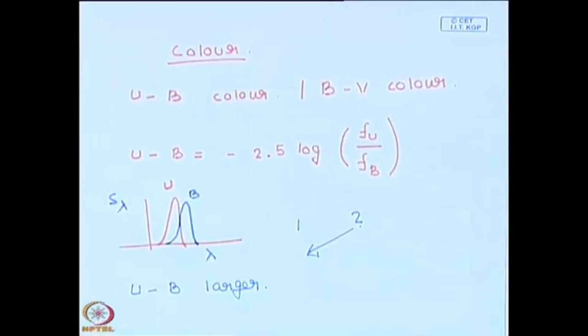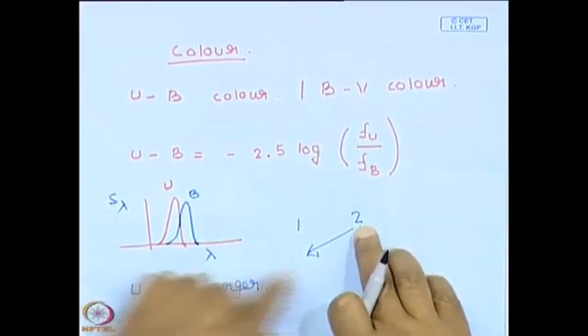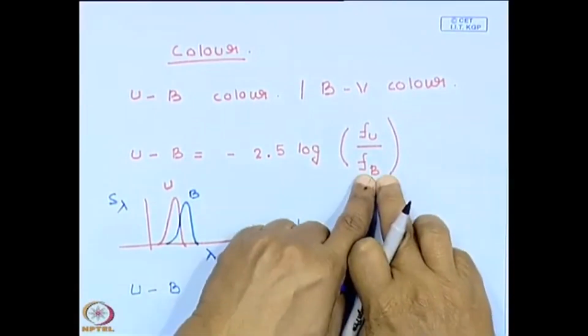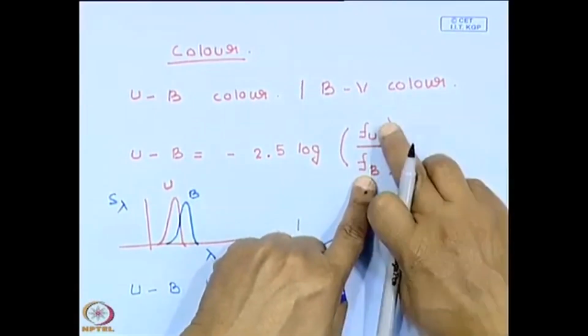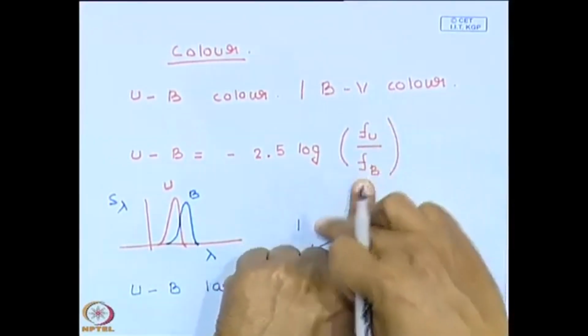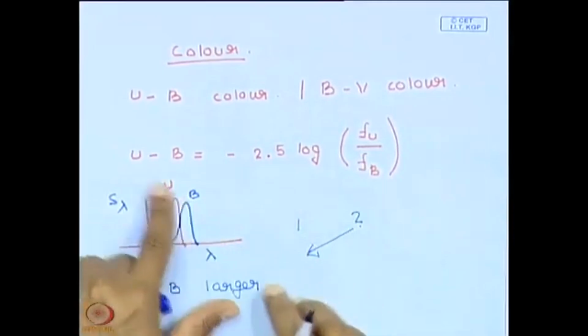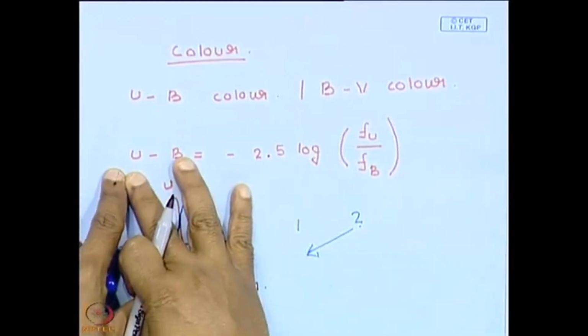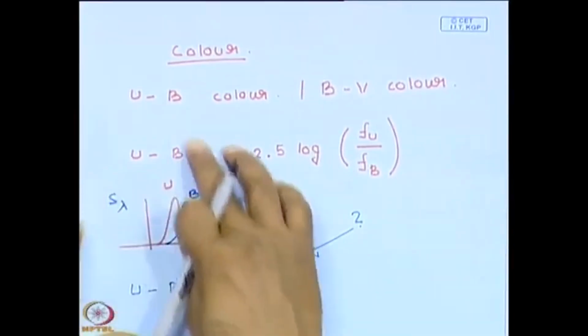What does it tell us? It tells us that U minus B being larger implies that for 2 the blue flux is more than the ultraviolet flux relative to 1, because this is a larger, positive value.